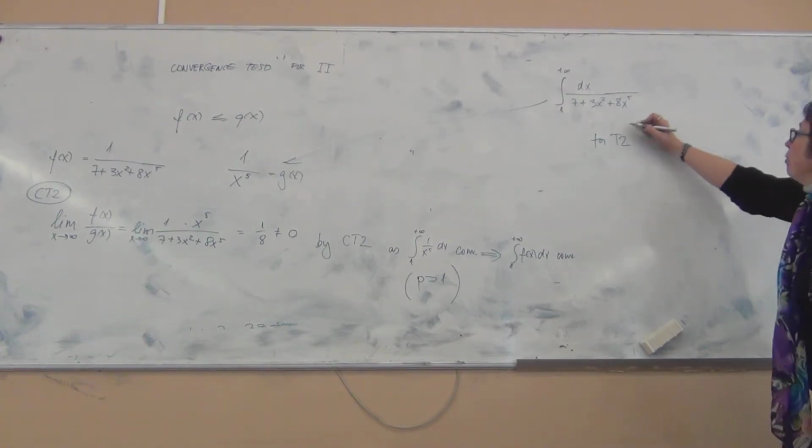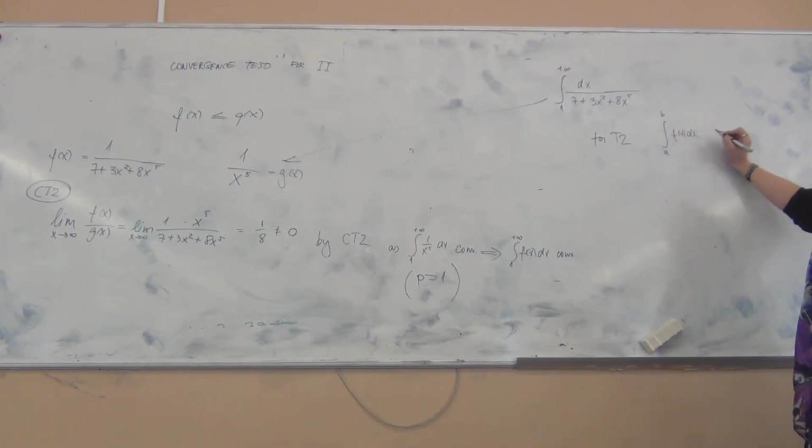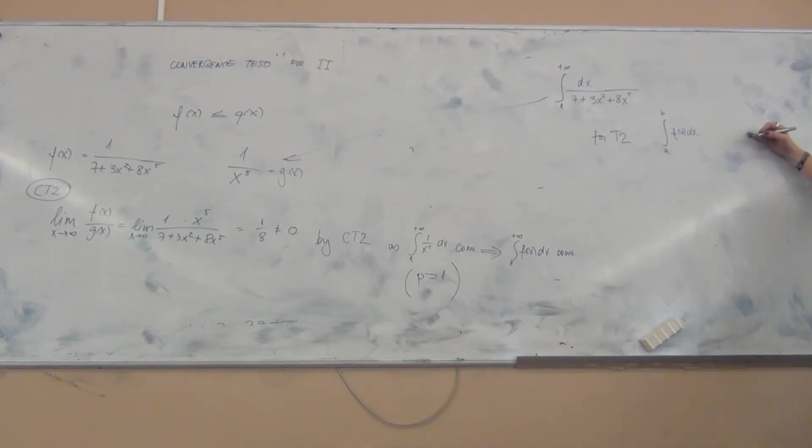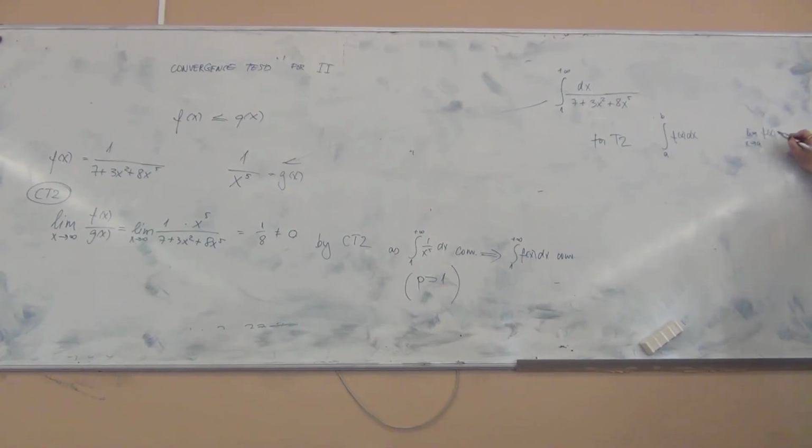For type 2, let's remember that a type 2 integral is from a to b, f of x dx, and besides, let's suppose that as x tends to a, the integrand function tends to infinity.